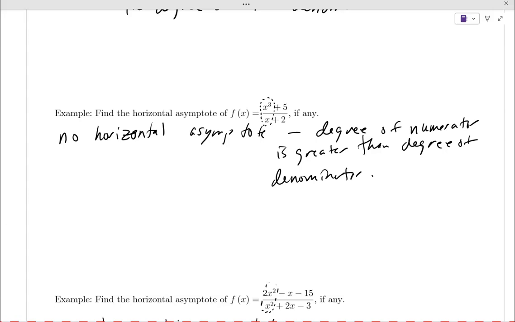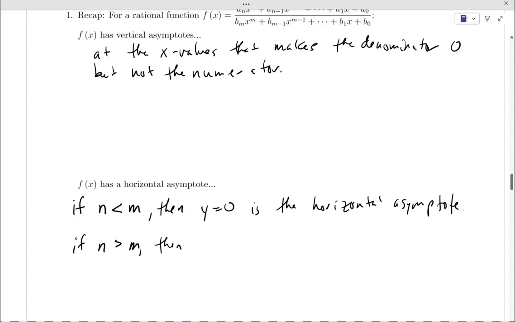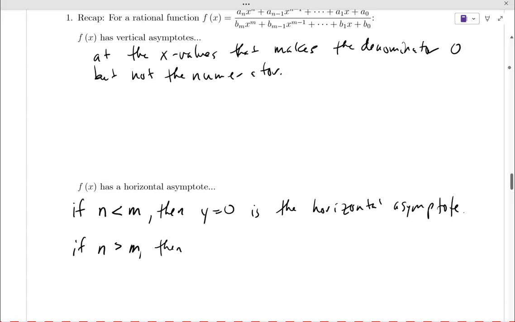That simplifies to what? You had x cubed over x. That simplifies to x squared. Does that have a horizontal asymptote? No. So there is no horizontal asymptote right here. So going back to my other page here, if the degree of the top is greater than the degree of the bottom, then there is no horizontal asymptote.